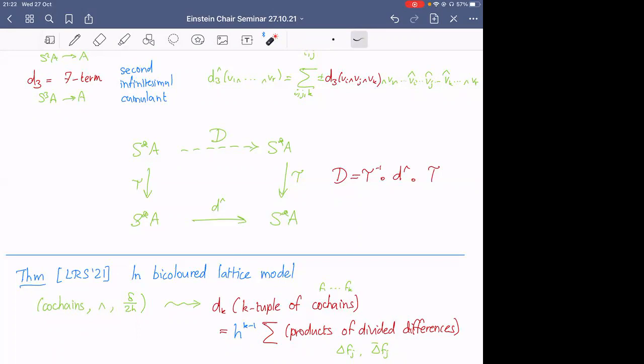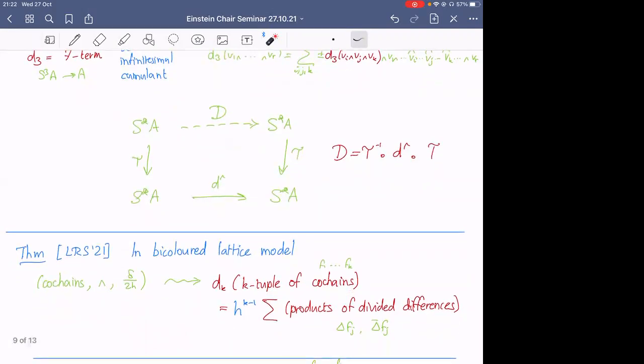And the question is, what do you get? Well, the theorem here is that DK, which is a map from S^K A to A, has as input a K tuple of cochains, and the output will be a single cochain.